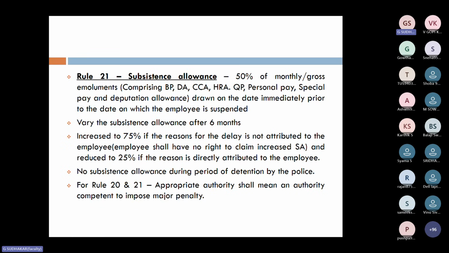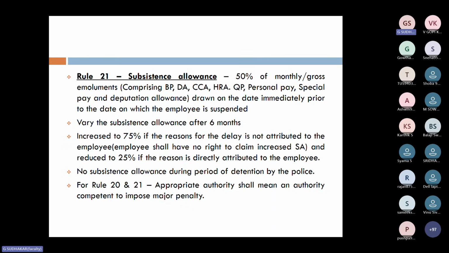But while releasing this amount, you have to take care of the normal deductions also: PF, LIC, Mediclaim premium, cooperative society and some other deductions. Deduct those amounts and pay the remaining amount only to the suspended employee. So that is subsistence allowance.